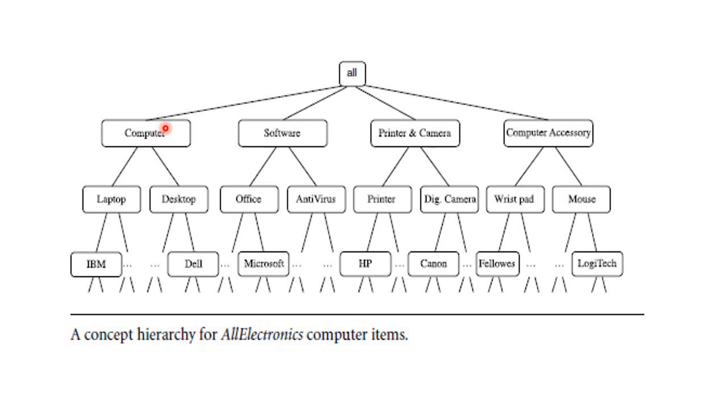When I'm talking about how we mine such association rules, the thing that we have to think about is how we specify the support or the confidence for such association rules, because there might be 100 customers who buy a computer, but there could be only 20 customers who buy an IBM computer, or maybe 30 customers who buy a Dell laptop, or maybe 40 customers who buy a Lenovo laptop.